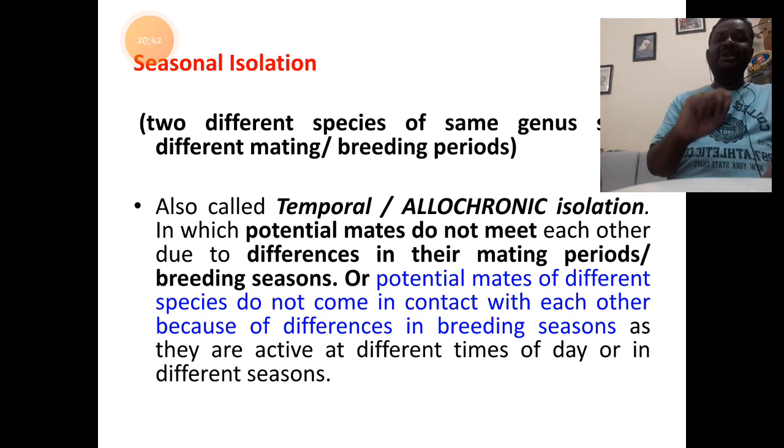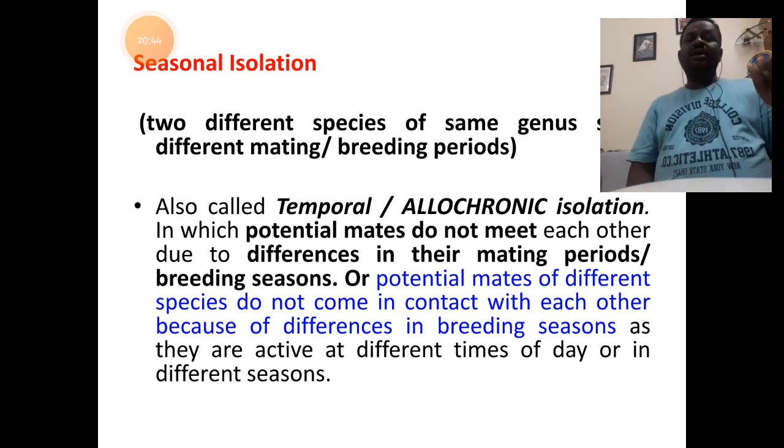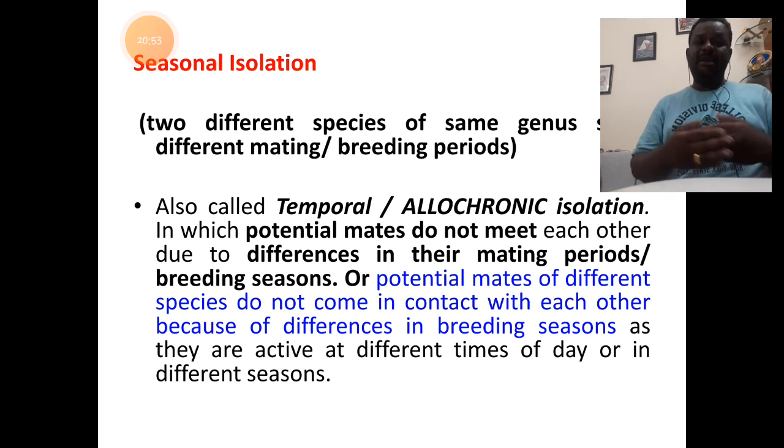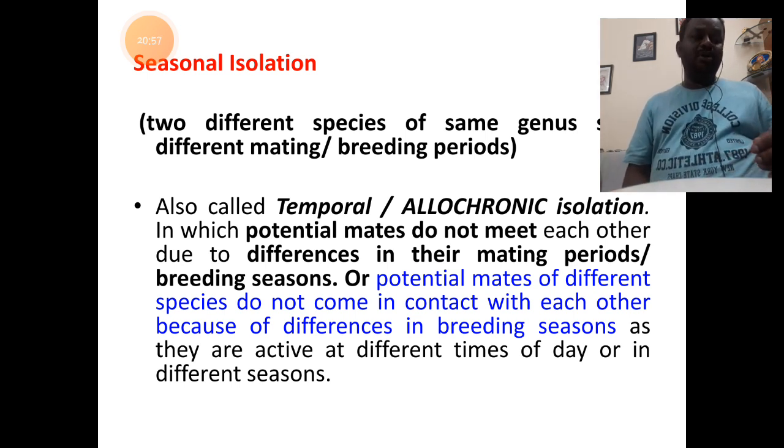Underline the term breeding seasons. The breeding seasons of organisms living in the same geographical area are never the same, so the organisms do not have an opportunity to mate.